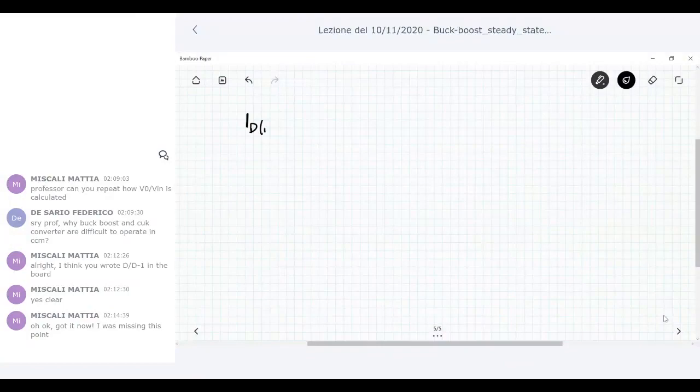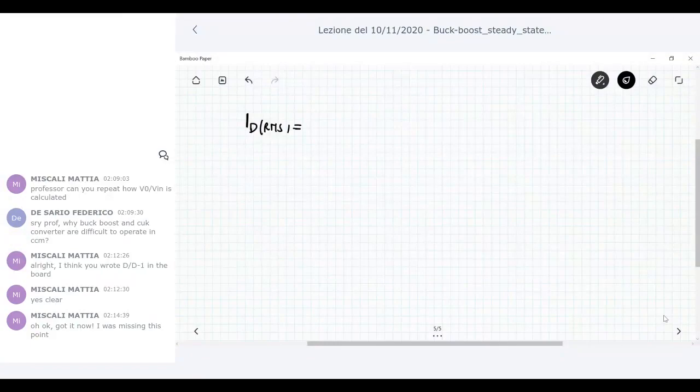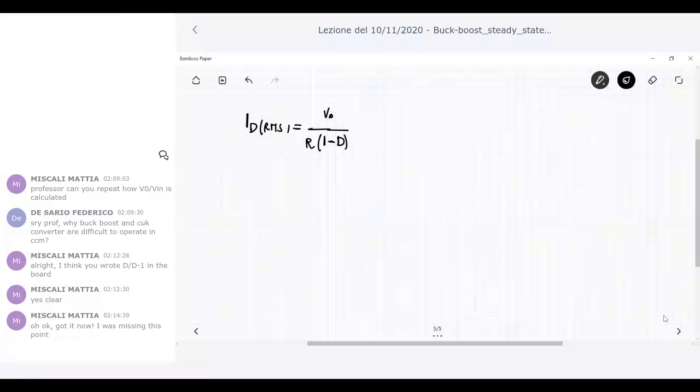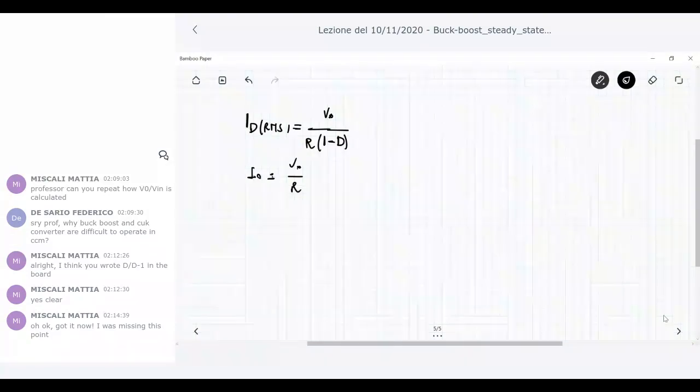So ID was V naught over R, 1 minus D, while I naught is simply V naught over R.